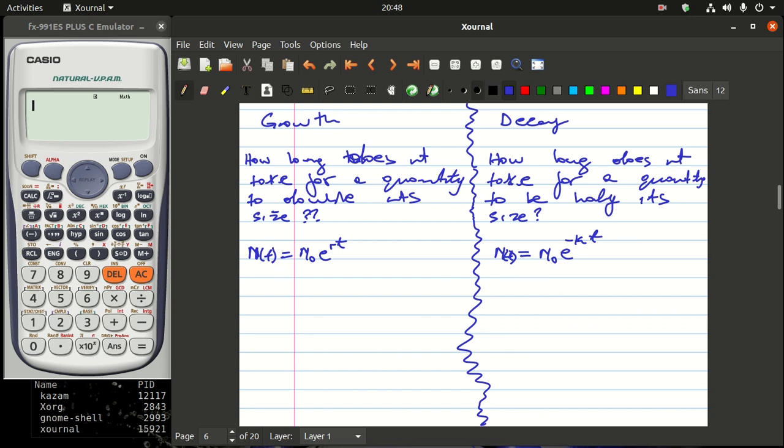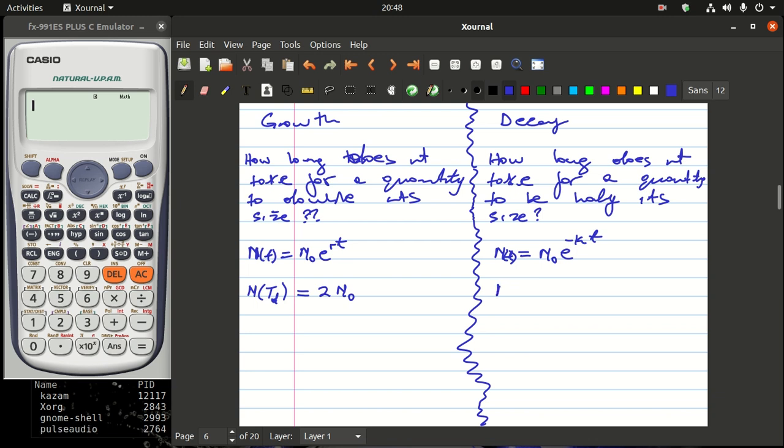I want this to be double its size, so I want my N of T. Let me put a d there so that I know how long it takes: what is the value of t_d such that this is going to be 2 times the initial value.